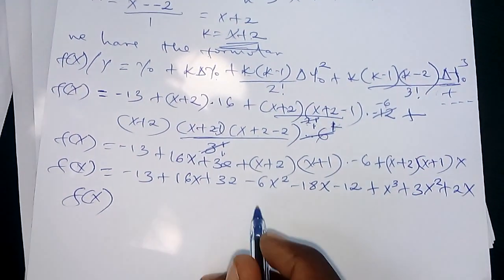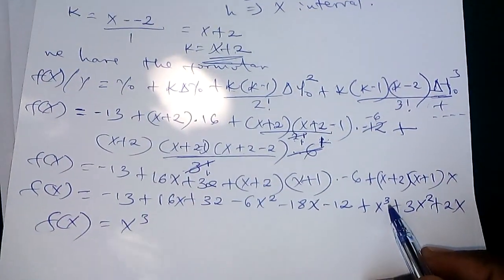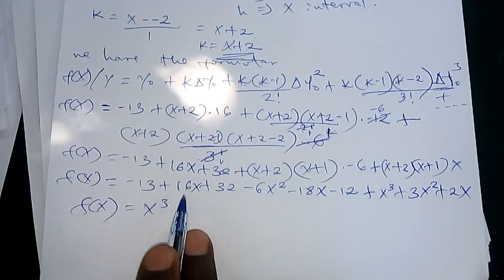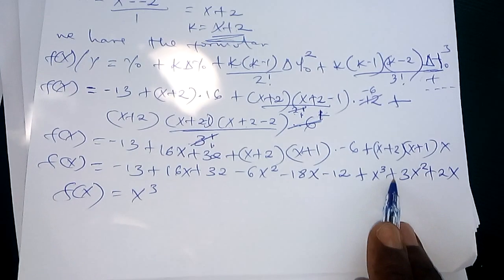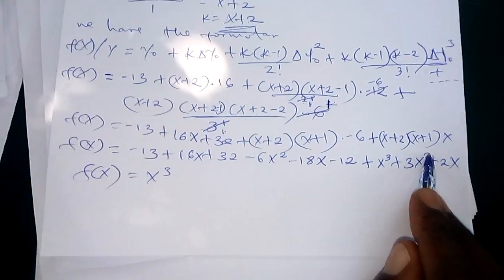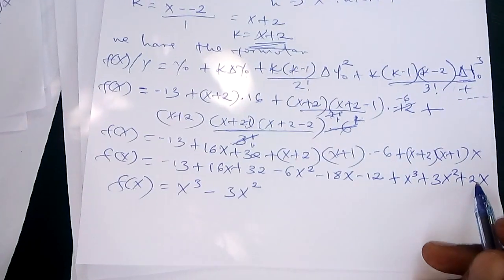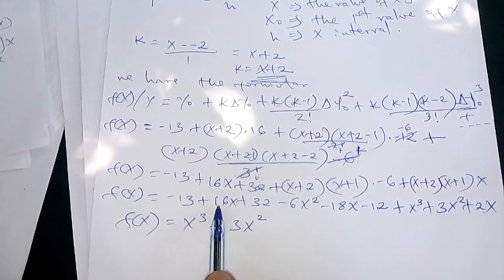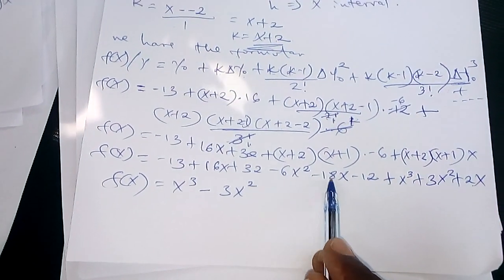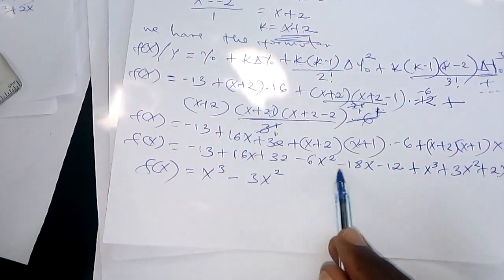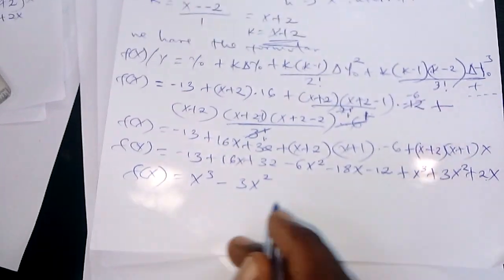So f of x, we simplify this out. We have x cubed having the highest power, then negative 6x squared plus 3x squared, so it is going to be negative 3x squared. And what about this one? 16x minus 18x is negative 2x, plus 2x, it cancels out.